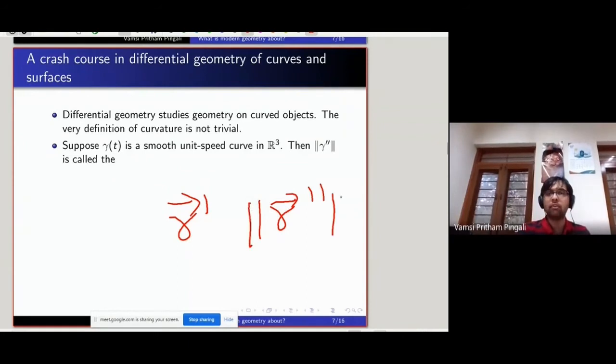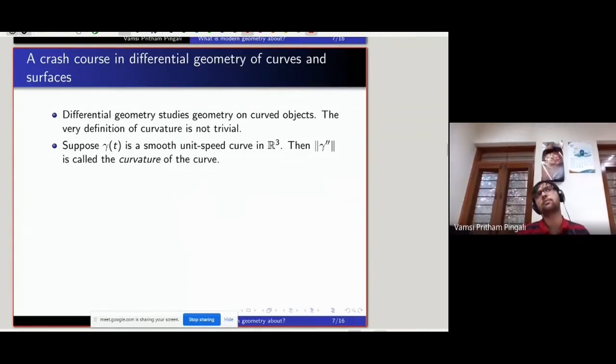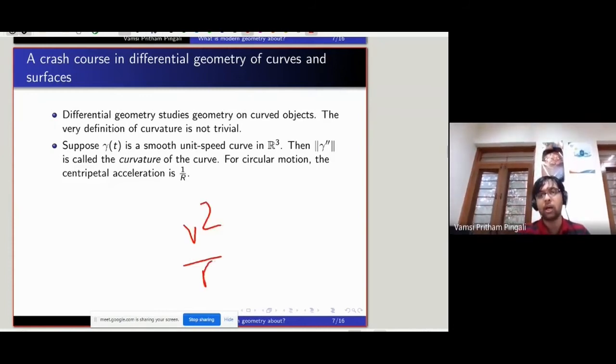The magnitude of the acceleration is called the curvature of the curve. Why is it reasonable to call the acceleration of a particle moving with unit speed the curvature of its trajectory? For circular motion, for example, the centripetal acceleration is v squared over r, and v is 1, so it is 1 over r, where r is the radius of the circle.